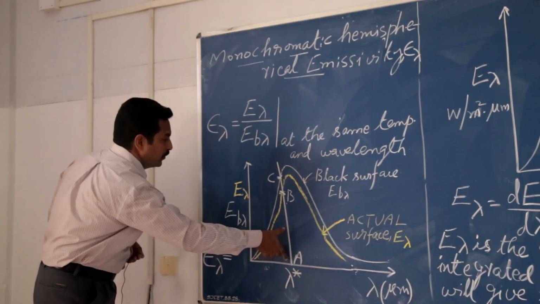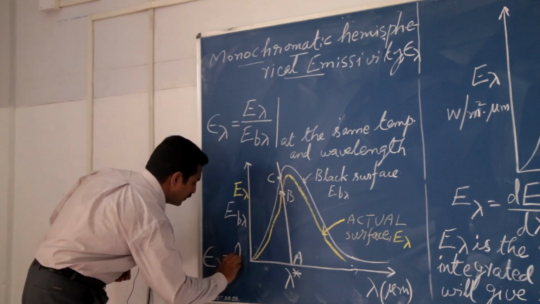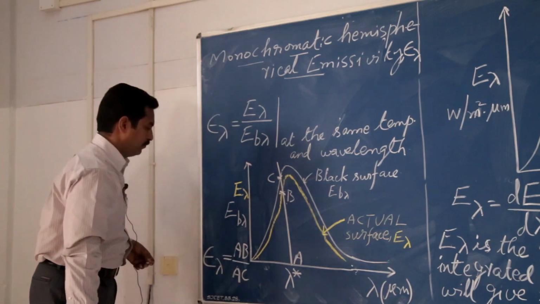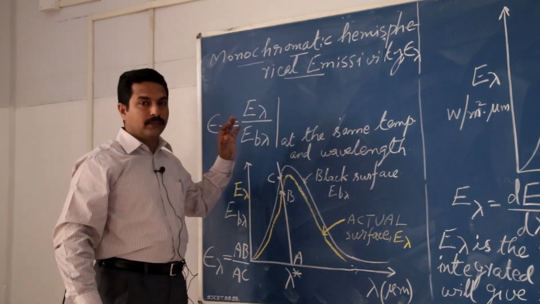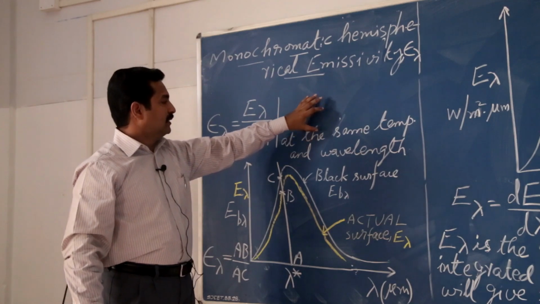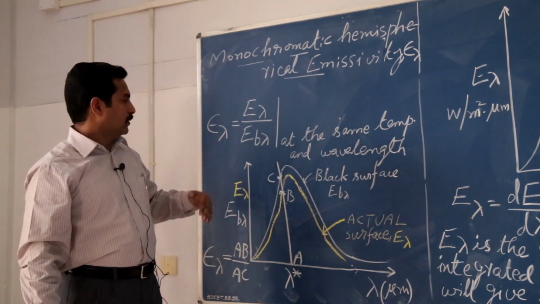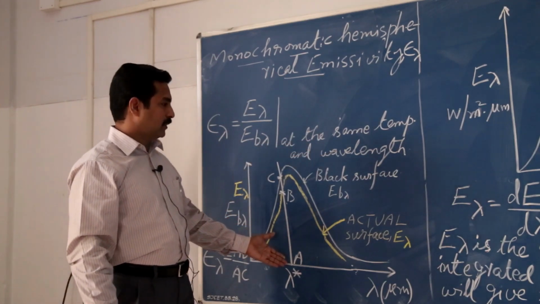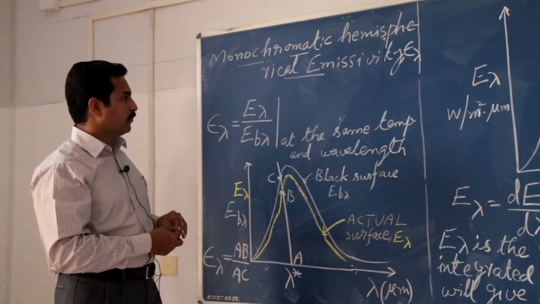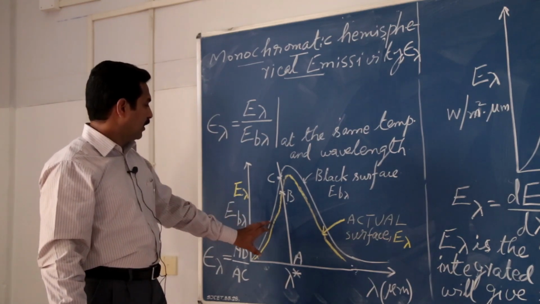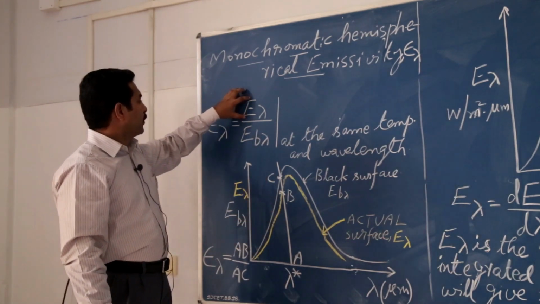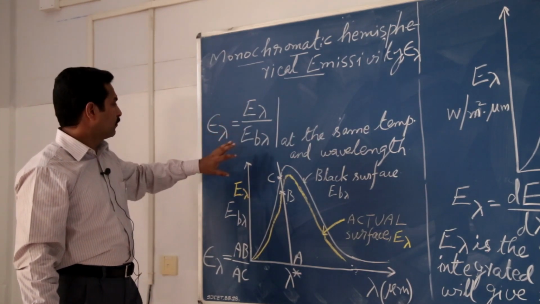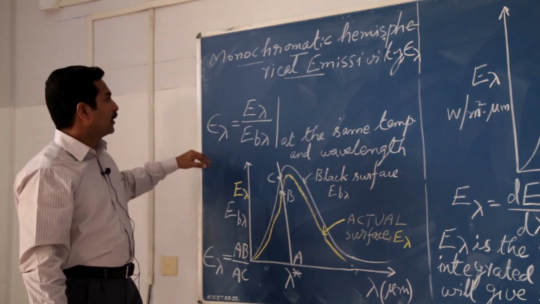It should be at the same, constant temperature and the same wavelength, lambda star. Dividing the spectral hemispherical emissive power of the real surface by that of a black surface gives the monochromatic hemispherical emissivity.